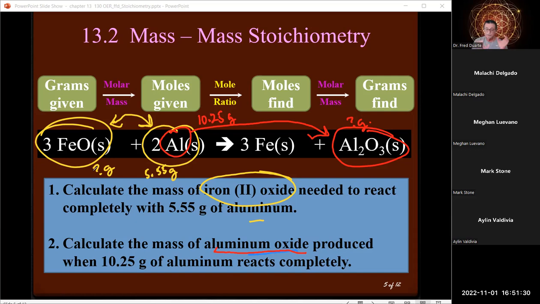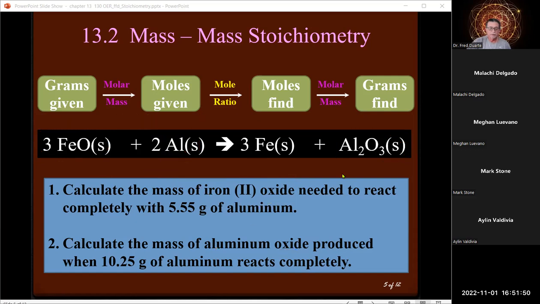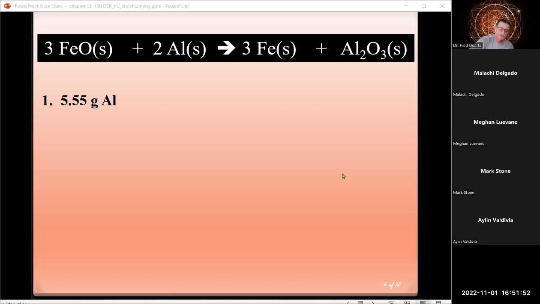Those are the ones you have to worry about as far as the mole ratio between them and how many grams you are going from point A to point B. Everything else in the equation has nothing to do with the question. Don't let it confuse you. All right, so let's take the first one.